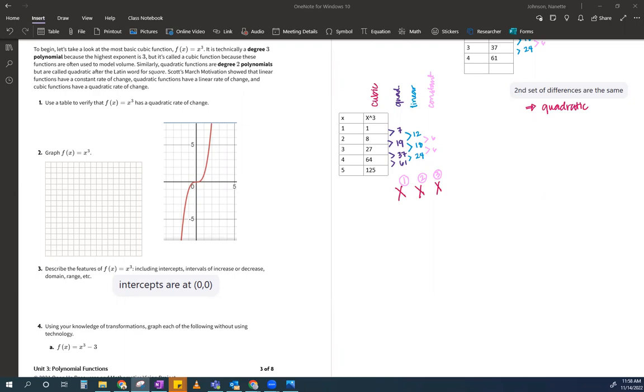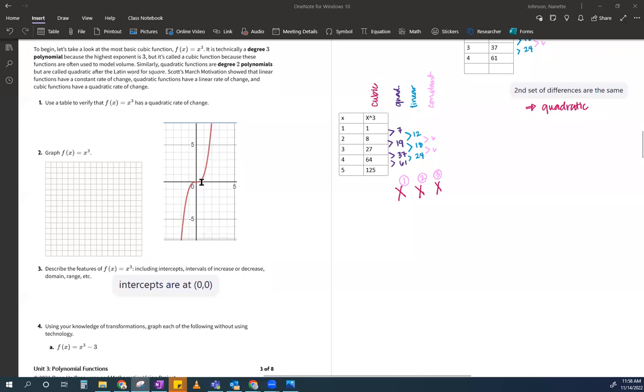In case you're forgetting, what is a domain? The domain is look left from the left side to the right side. Do you see any values that are excluded?